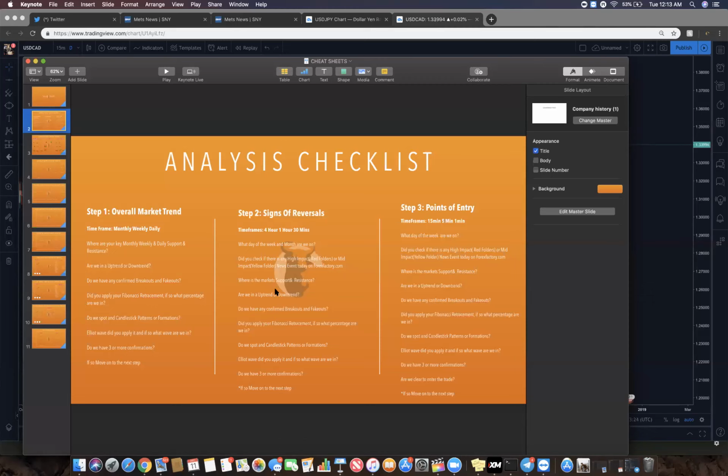I gave you guys in the cheat sheet some questions to ask yourself, because we use a system of confluence. Confluence is 3 or more confirmations. The more confirmations you have, the more confidence you'll have.